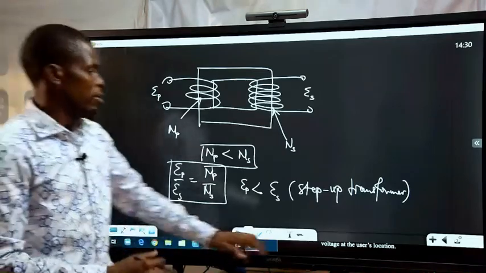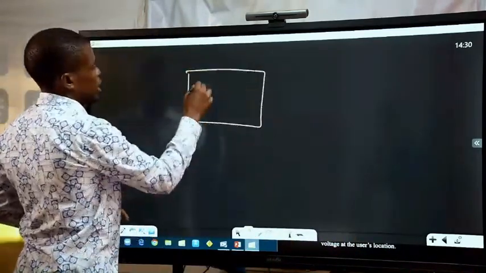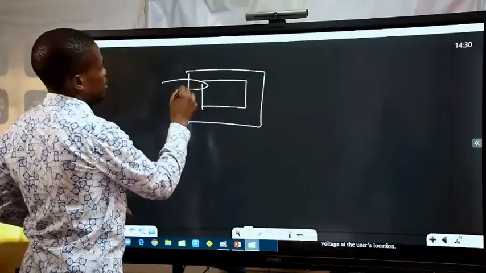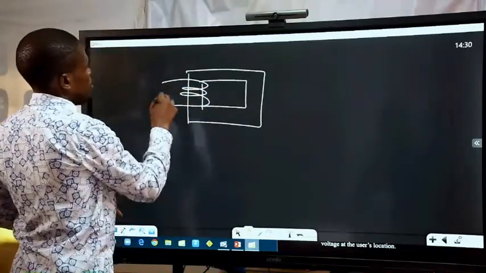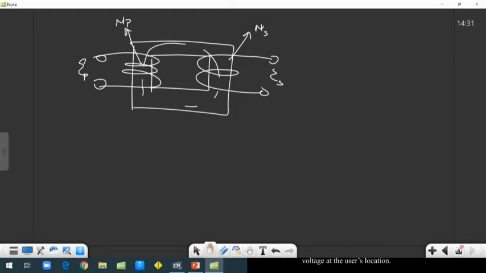But the step-down, let's look at that. In the case of the step-down, the number of turns here may be smaller. Here we have EP and ES. The number of turns here is NS, and the number of turns here is NP. The flux linking the circuit is still considered.